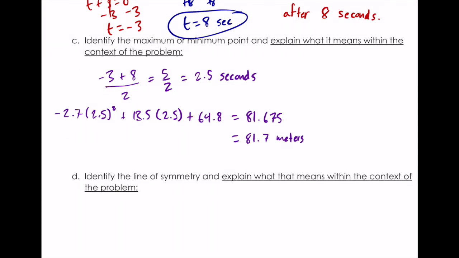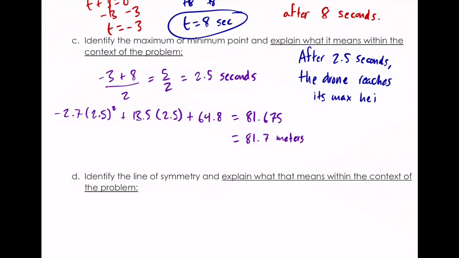Now we want to give a complete sentence on what this means in the context of our problem. So, after 2.5 seconds, the drone reaches its maximum height of 81.7 meters.